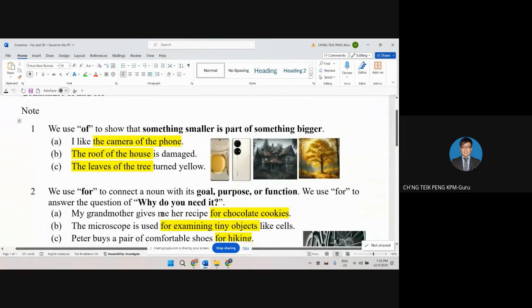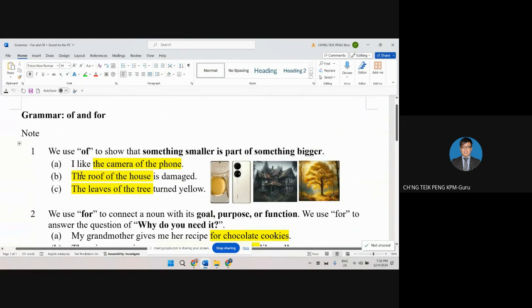Okay, ready? Now let's look at the first note. We use of to show that something smaller is part of something bigger. This is just one of the meanings of of, you know? We use of to say that the small thing is part of the big thing. Something smaller is part of something bigger.